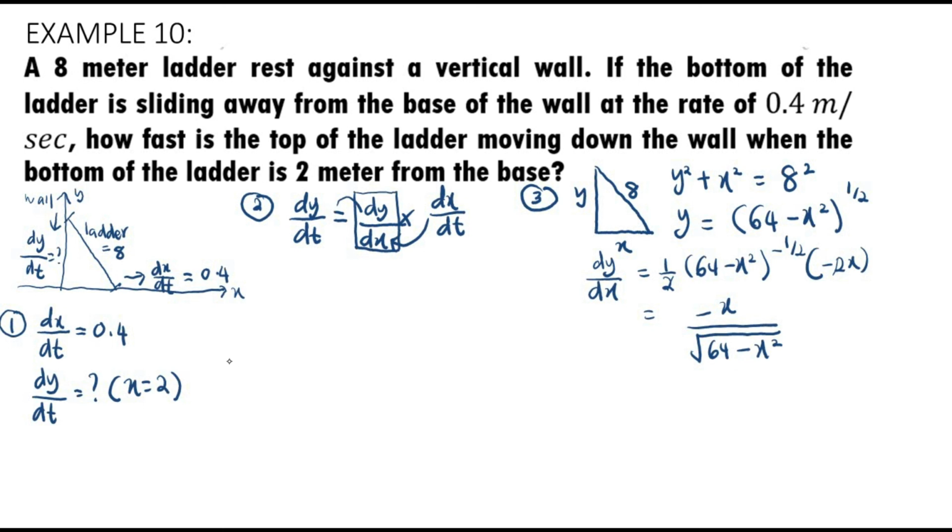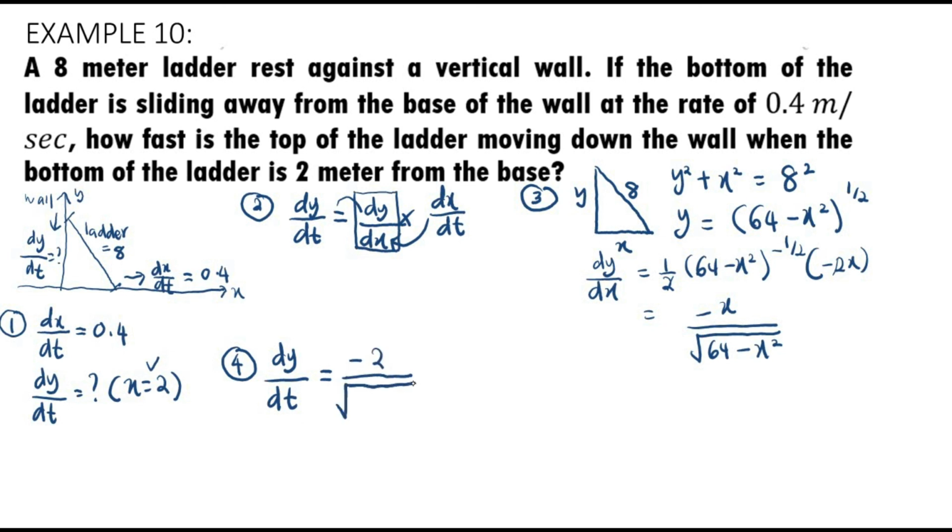Now we can proceed with our last step where we have to substitute back into our chain rule. So as before, we want to find dy over dt, the rate of the ladder moving down the wall. So our dy over dx here is negative x over the square root of 64 minus x squared, and x given in the question is basically 2, so straight away I substitute 2 there.